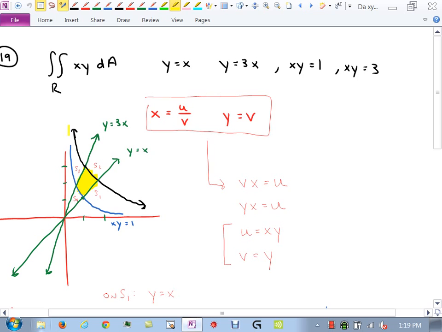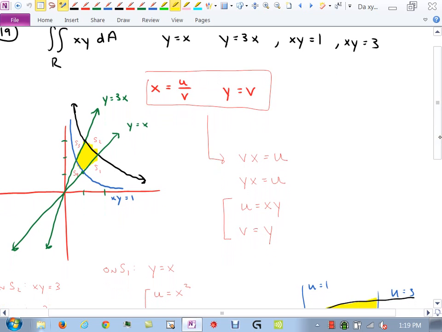So u is xy. And v is y. So this is my transformation where x is in terms of u and v. Here's me switching it. The transformation is now u in terms of x and y, and v in terms of x and y.